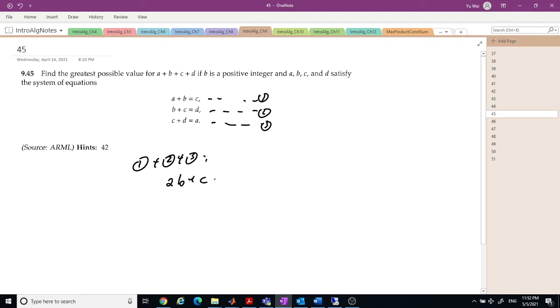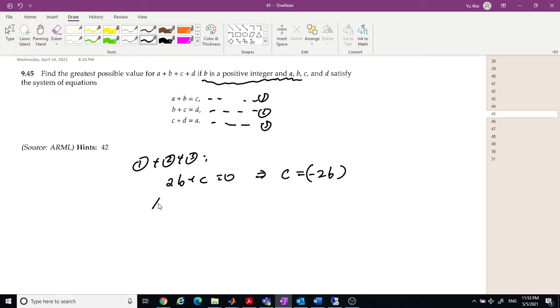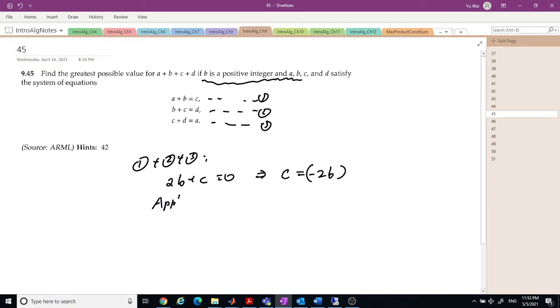It becomes 2b plus c equals 0. Then we have c equals negative 2b, right? Because it tells b is negative. So let's try to solve everybody else using the b. Okay, so c is negative 2b, then apply to 2, we have a equals negative 3b.